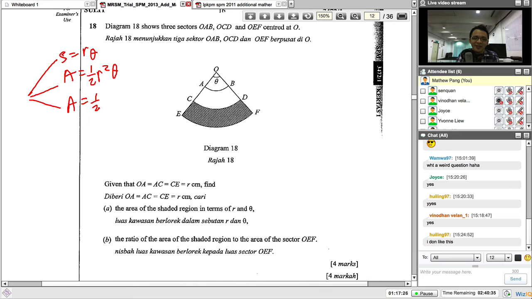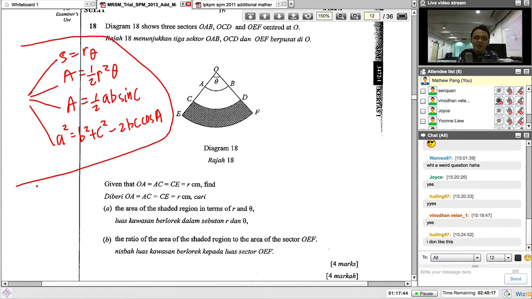Area equals to half AB sine C. And the last one, A square equals to B square plus C square minus 2BC cos A. The whole chapter only uses these 4 formulas. Of course, the last 2 you mostly use on paper 2. Paper 1, you seldom use these 2.